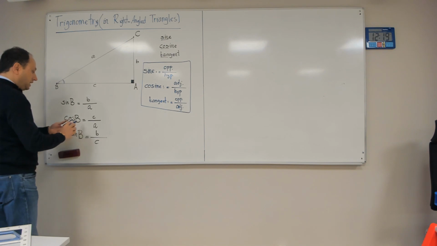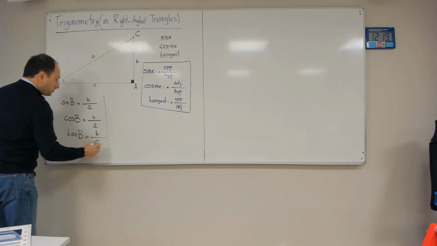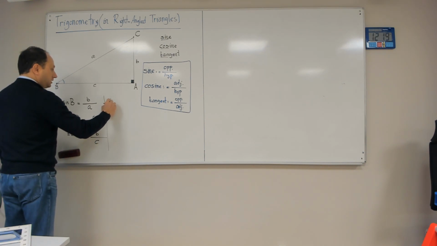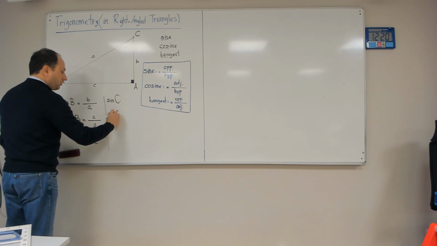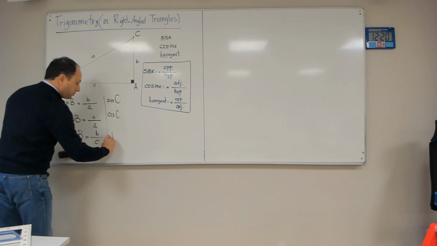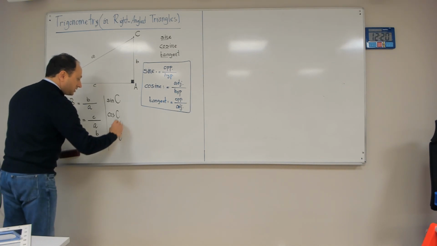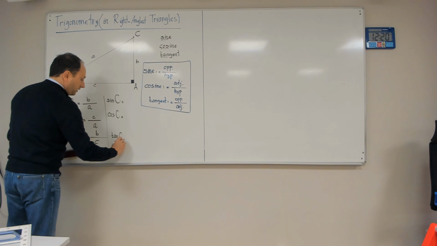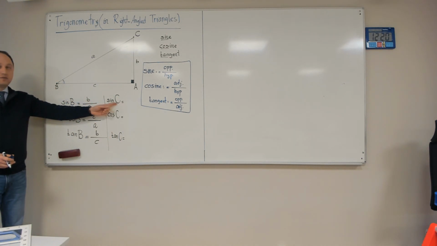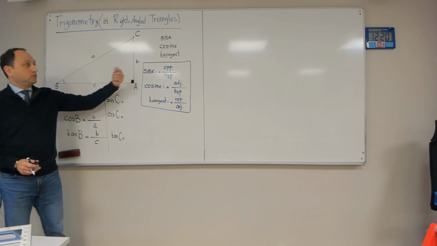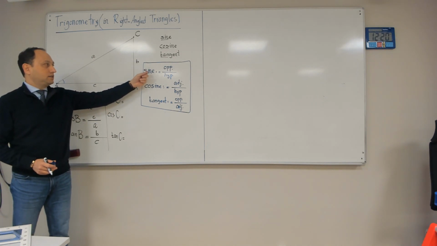For example, let us talk about sine of C, cosine of angle C, and tangent of angle C. Let us fill it up. What do you think sine of C would be? Let us read the definition.